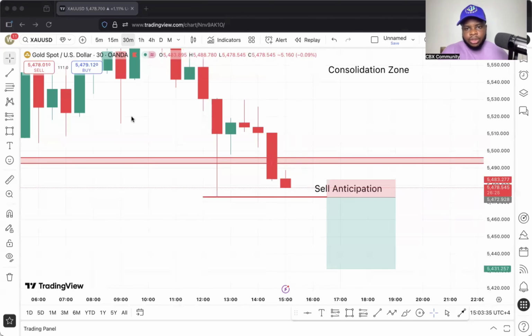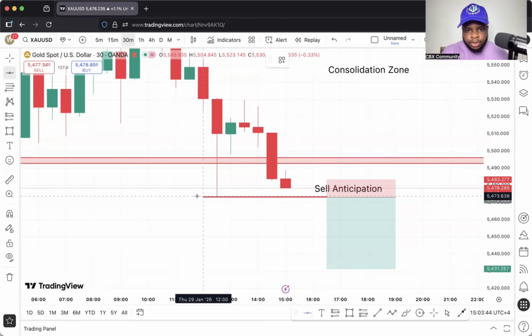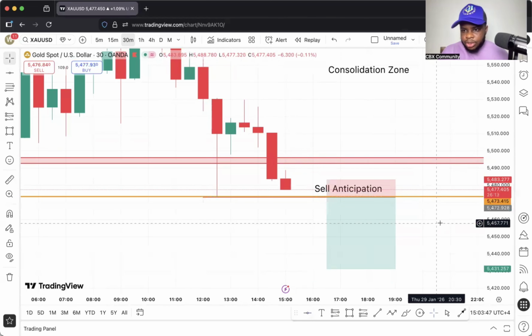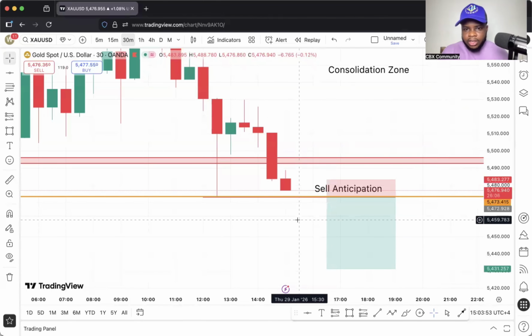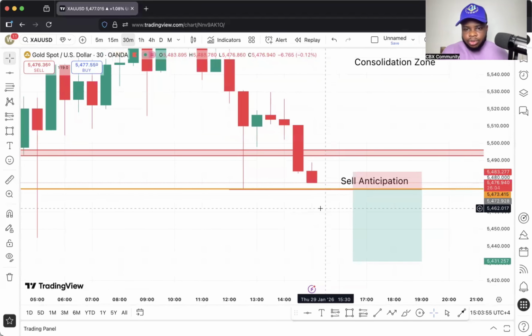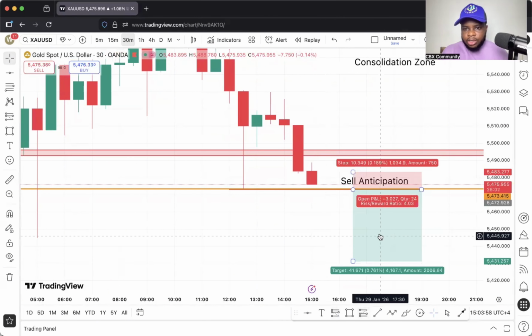Once the candle gets to that position, I'm going to open a trade. Our entry position is, let me use this line to indicate it for you guys, 5473.415. I just use this as an example so that you know.